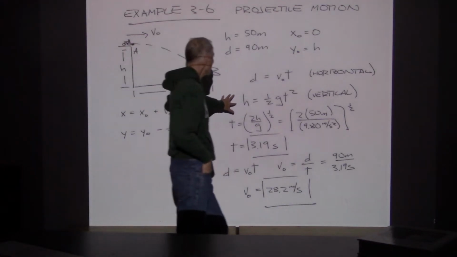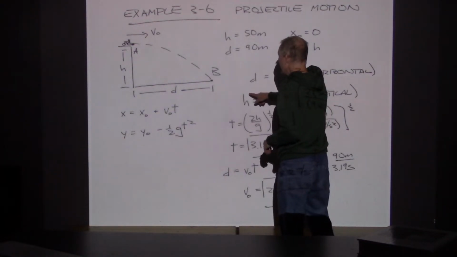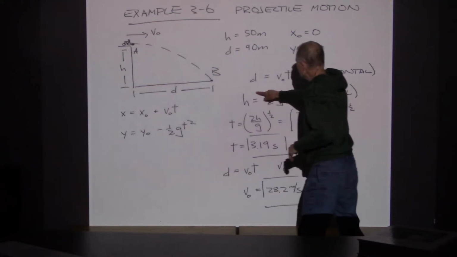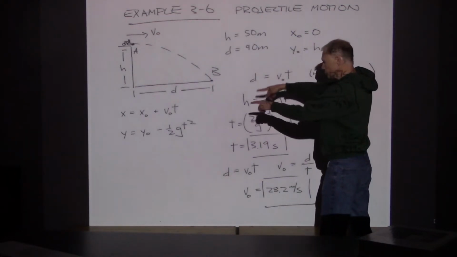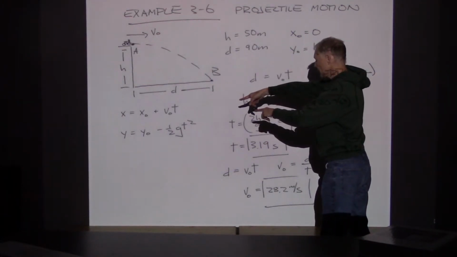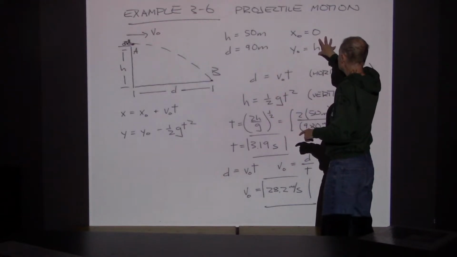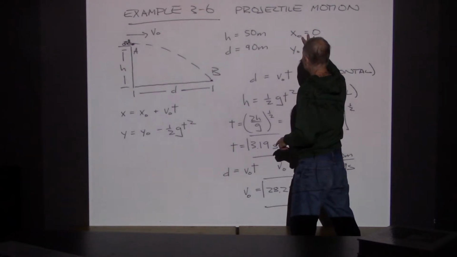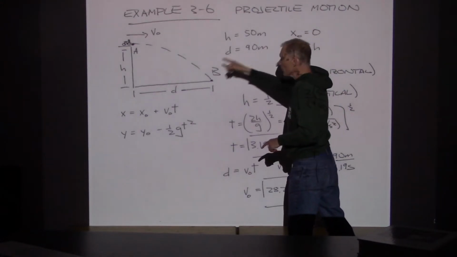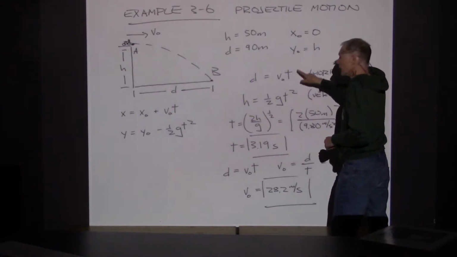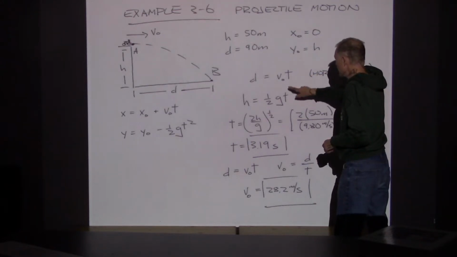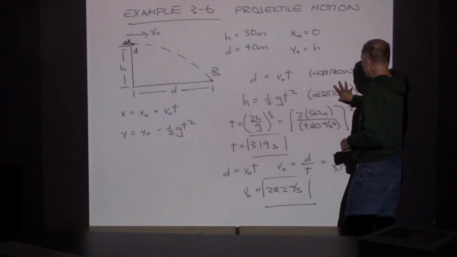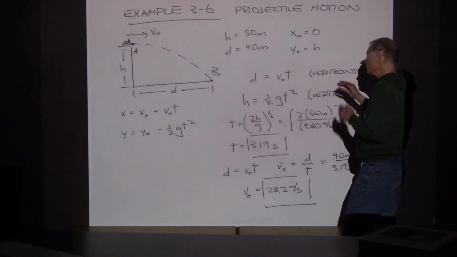And then over here, what that became is h is equal to 1/2 g t squared, substituting these numbers into that formula, and substituting these in also. I'm doing it algebraically, take these, plug into those formulas, and I'm getting this and this. This is my vertical motion, this is my horizontal motion.